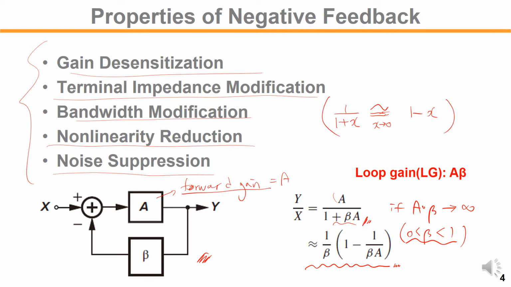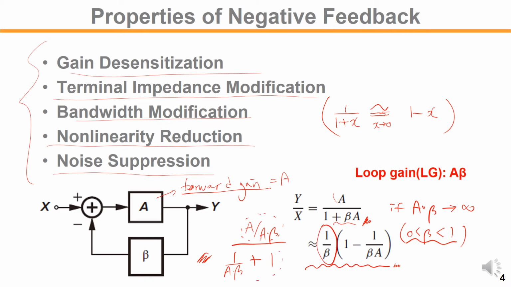For this equation, we divide numerator and denominator by A beta. So A divided by A beta gives 1 over beta, right?